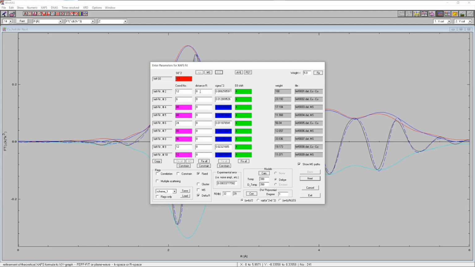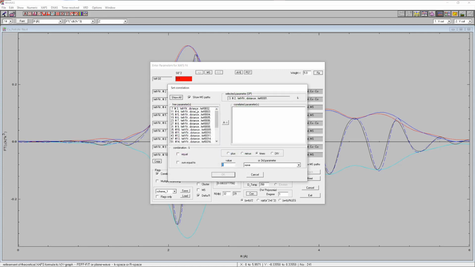Here, what we want to do is we basically want to have all those delta R values refined the same in the EXAFS refinement. So we just select the first one, select correlation, and now we want to correlate all those distances basically to the one parameter here that we selected.